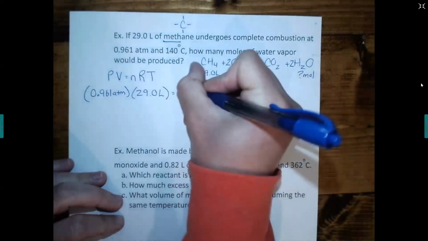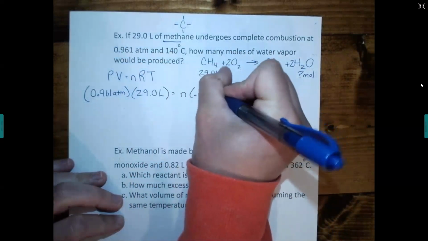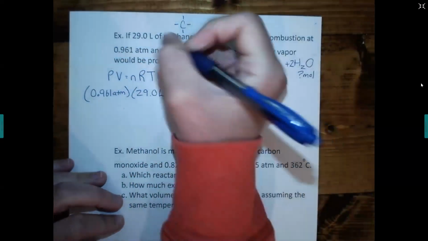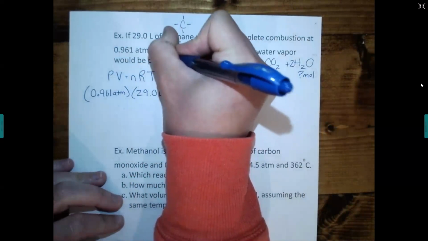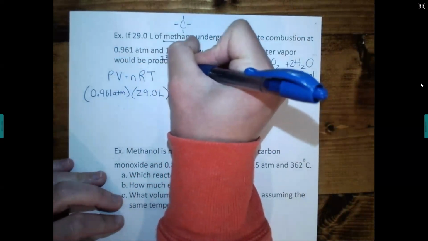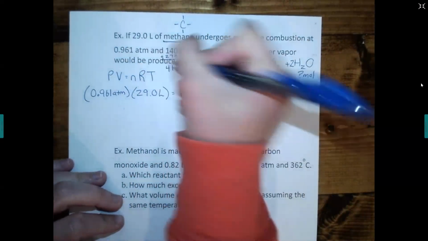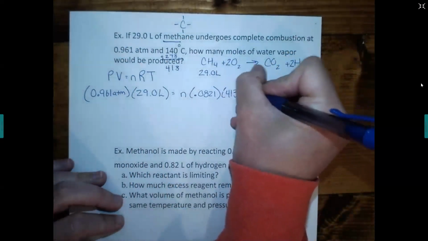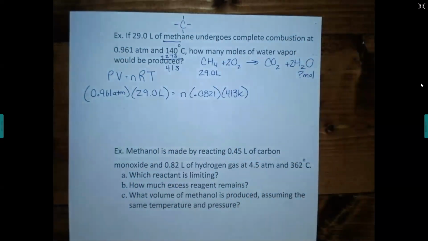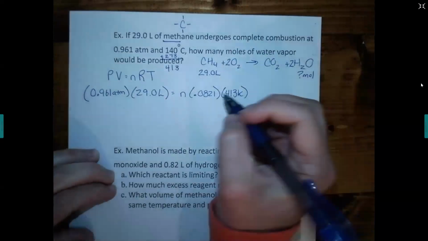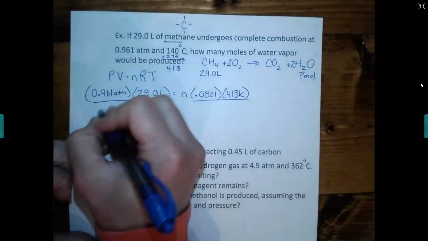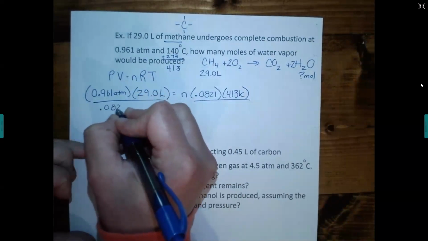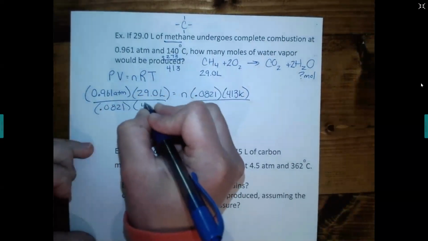I don't know my moles. I know that R is 0.0821. And then I've got to add 273 to my temperature, and I get 413 Kelvin. So don't forget, ideal gas law is the law that everything has to be in a particular unit. All right, I need to get n by itself, so I'm going to divide both sides by 0.0821 and by 413.